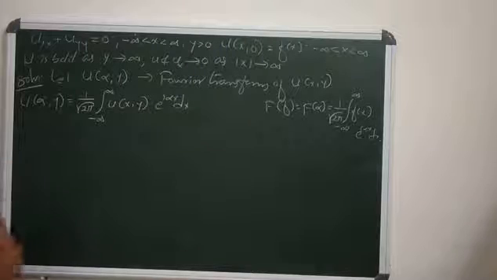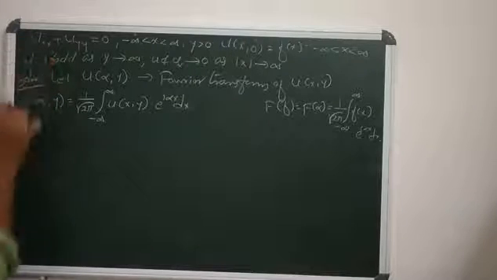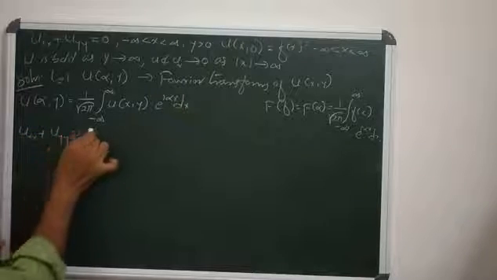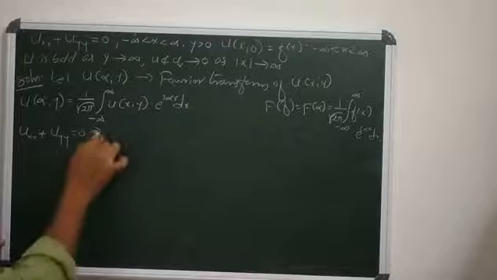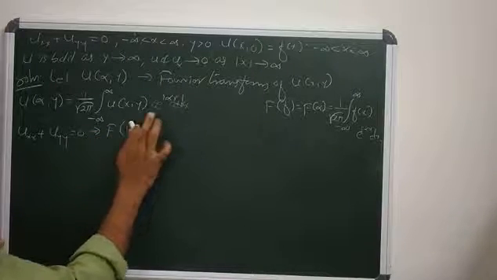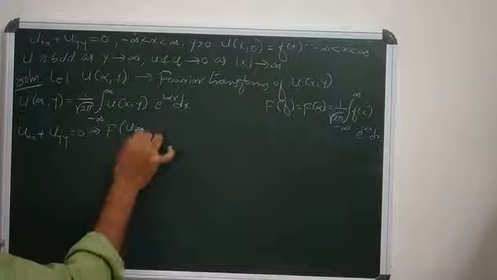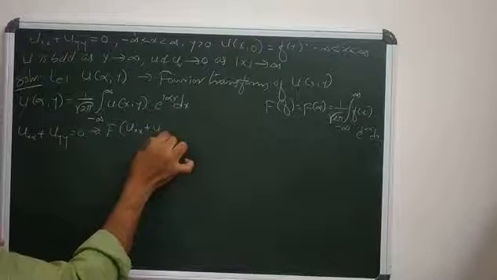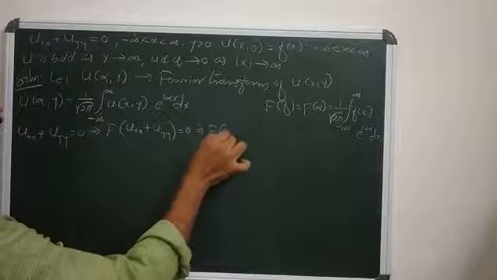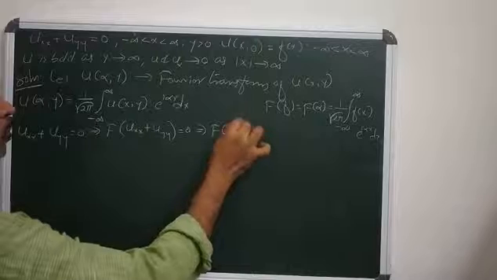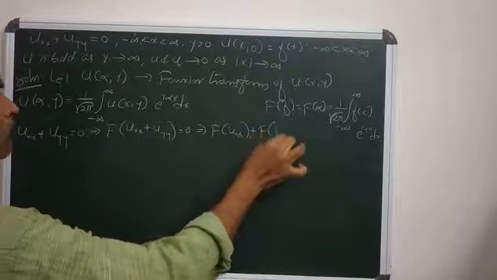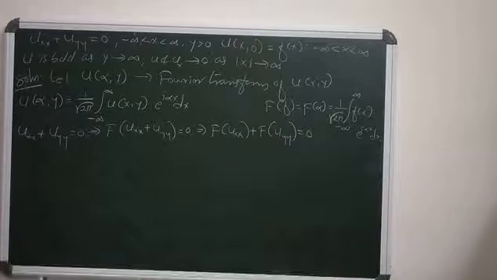Then applying the Fourier transform to the given equation u_xx + u_yy = 0, by linearity of the Fourier transform, F of (u_xx + u_yy) equals 0. That means F of u_xx plus F of u_yy equals 0.